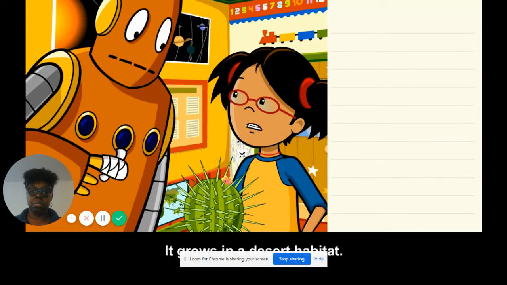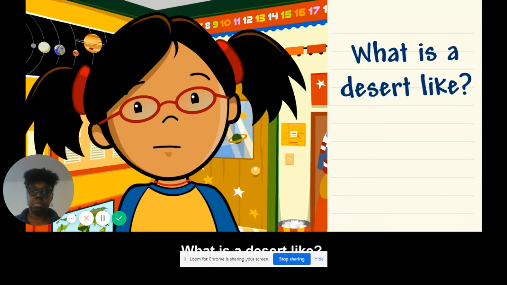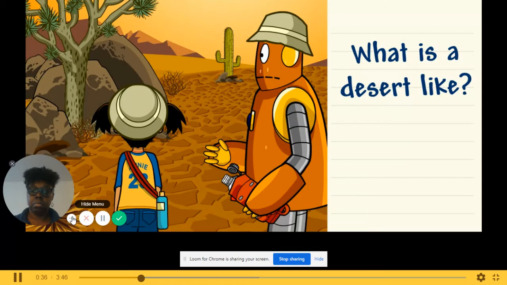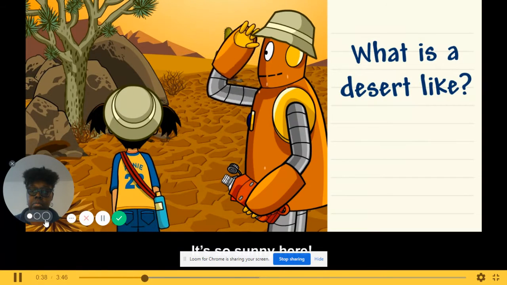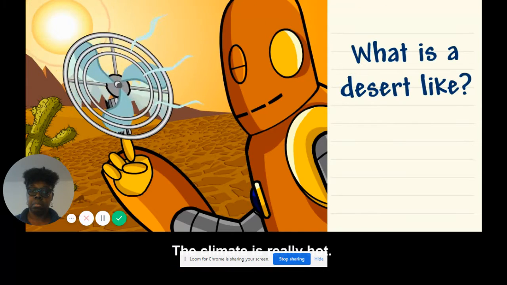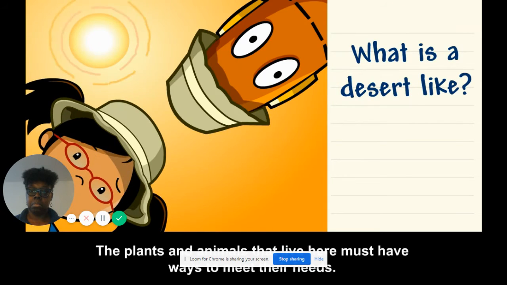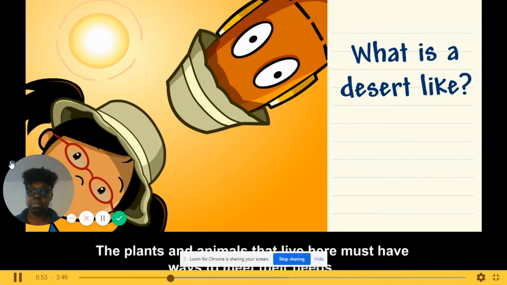It grows in a desert habitat. What is a desert like? It's so sunny here. The climate is really hot. And look at the soil. It's dry and cracked. You're right, Moby. The plants and animals that live here must have ways to meet their needs.